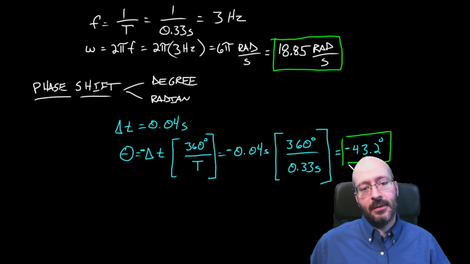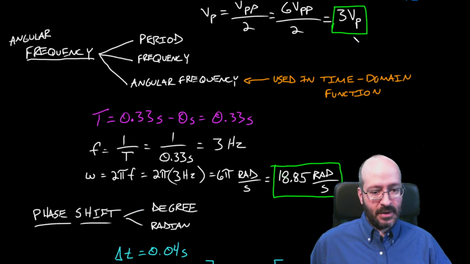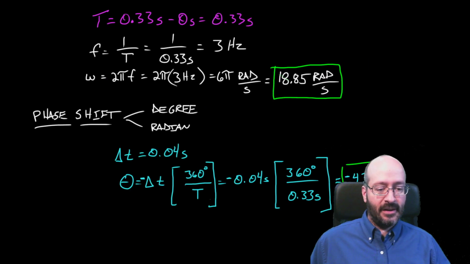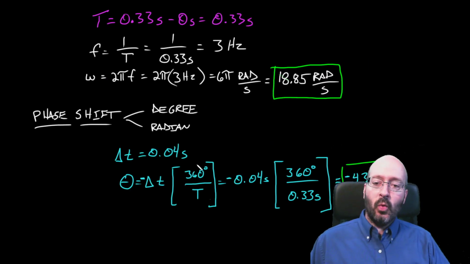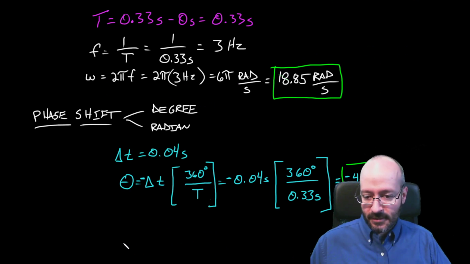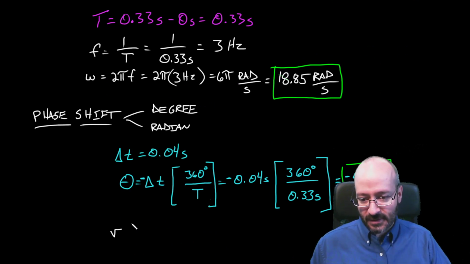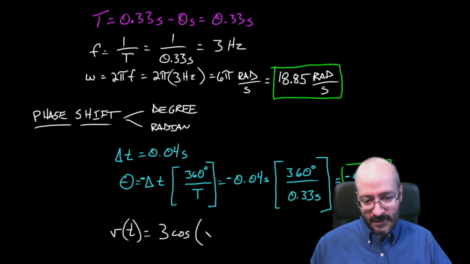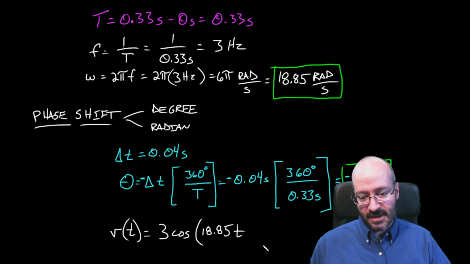With those three pieces of information, 3 volts peak, 18.85 radians per second, and negative 43.2 degrees, we can write the expression for that voltage. The voltage as a function of time is 3 volts, we're going with a cosine, 18.85 radians per second, and that's a coefficient of t, right?